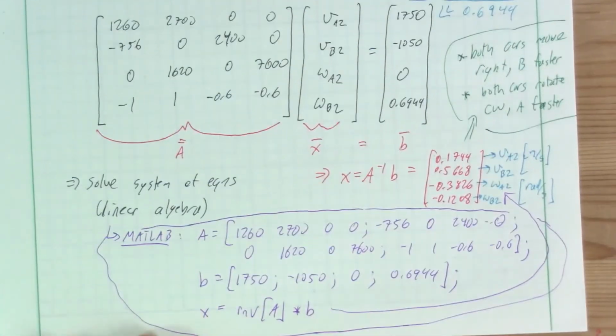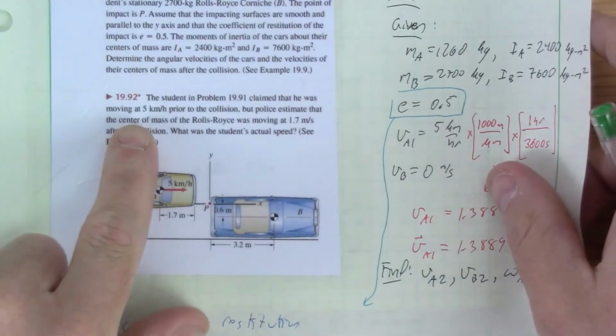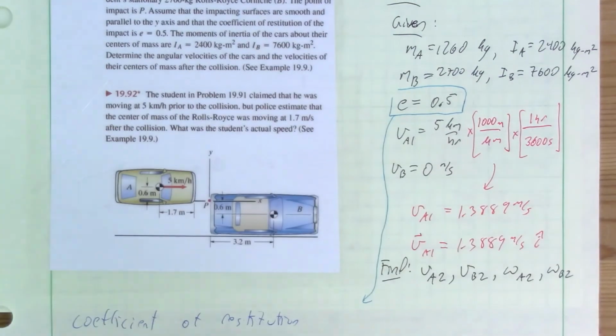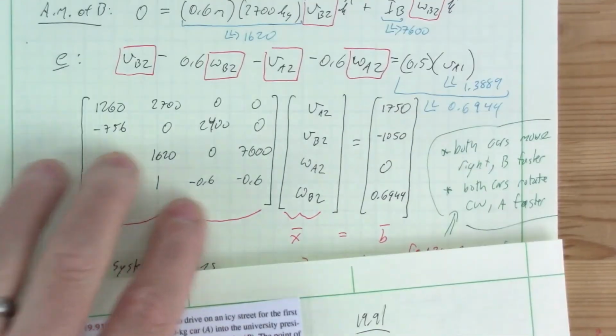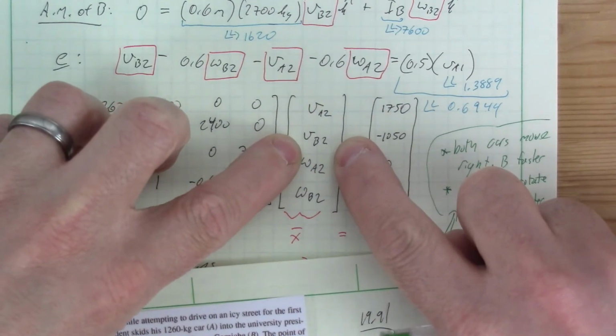Now again, to wrap this analysis up, to then move into 19.92, which I started by saying is maybe the more practical problem, you can imagine we would just redo the entire analysis. We'd get to the same system of equations, but instead of B2 being an unknown, that would be known.